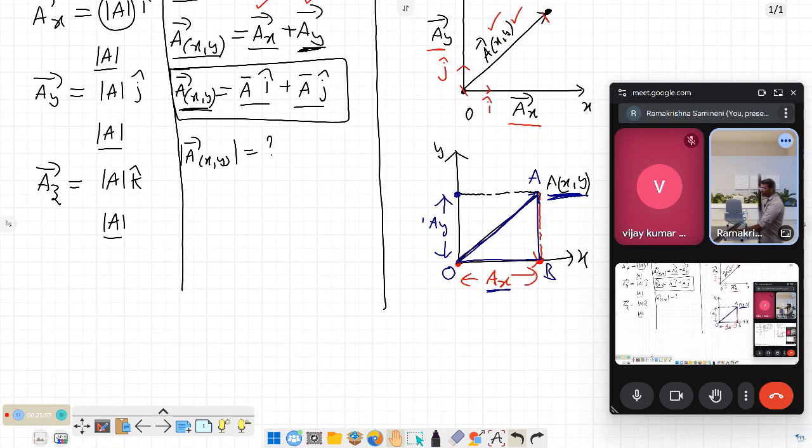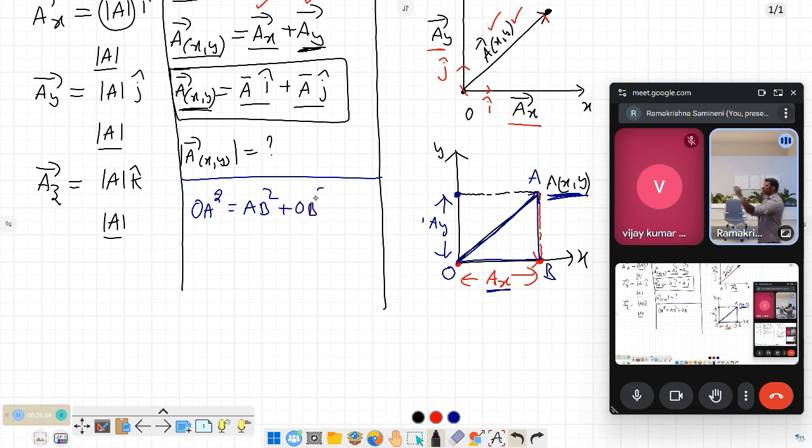How to solve it? Using triangle OAB, apply the Pythagoras theorem. If you apply the Pythagoras theorem to this OAB, what are you going to get? OA square is equal to AB square plus OB square, or OB square plus AB square.